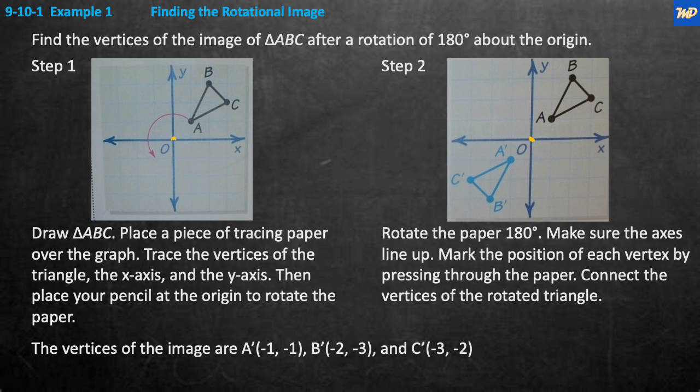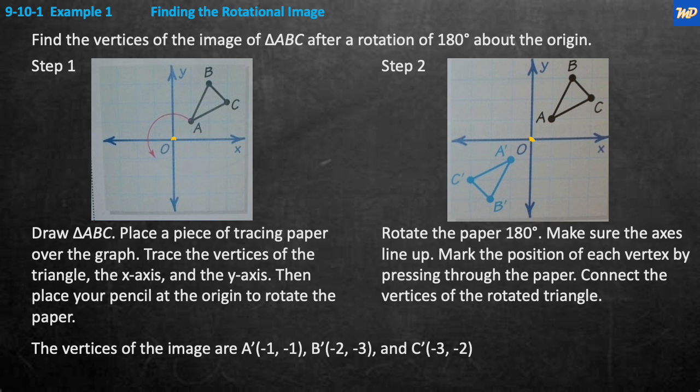And it lines up. Okay, so then place your pencil at the origin to rotate the paper. Like I said, you could put your finger there, right? So now if you put the pencil at the origin as a pivot point, you can freely move that paper around. Next, step 2, rotate the paper 180 degrees. Make sure the axes line up. Your x and y have to be exactly the same, only pointing in the opposite directions.